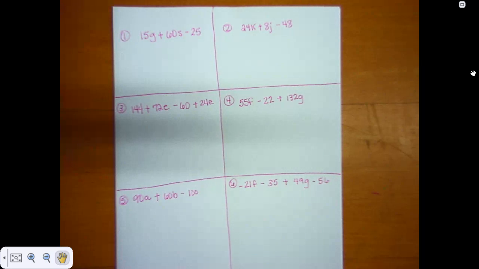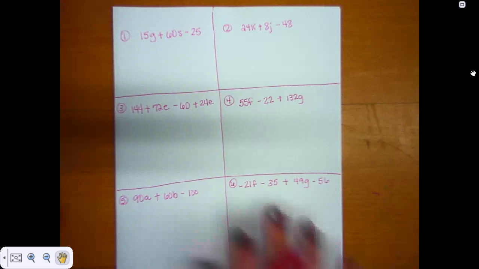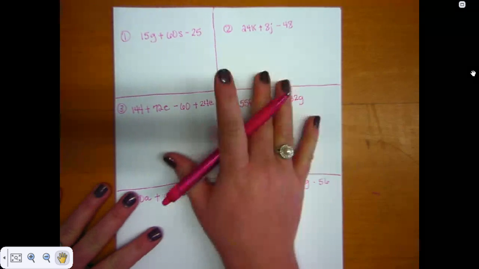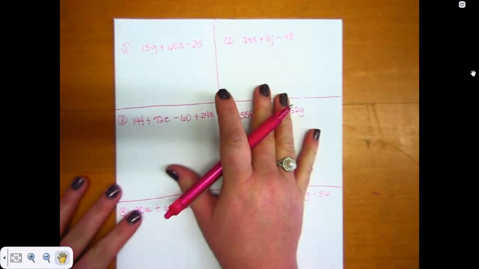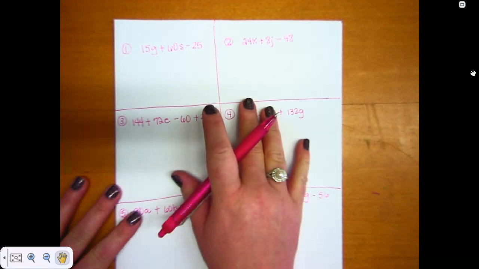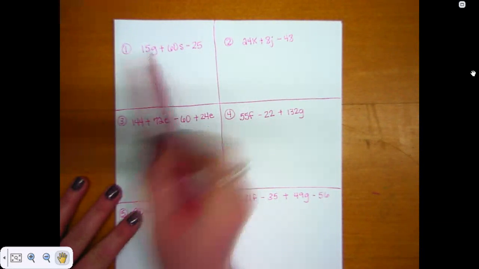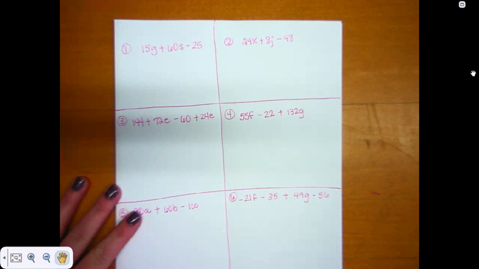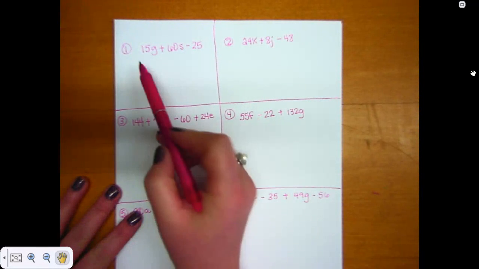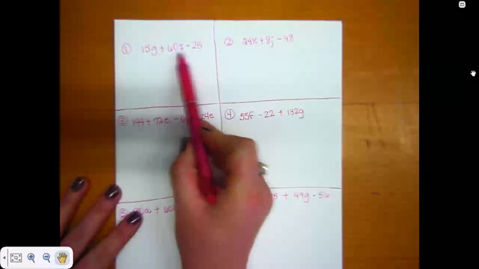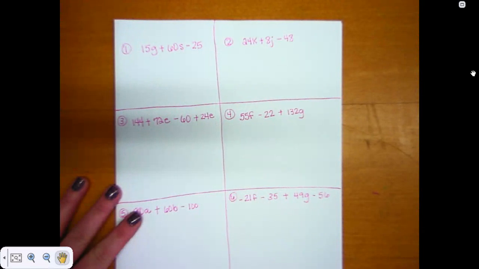So let's get started on factoring. I just did 6 problems for us to do as a review before you start working on your iExcel. So I see number 1, I have 15G plus 60S minus 25. So I need to think about what is a common factor among 15, 60, and 25.